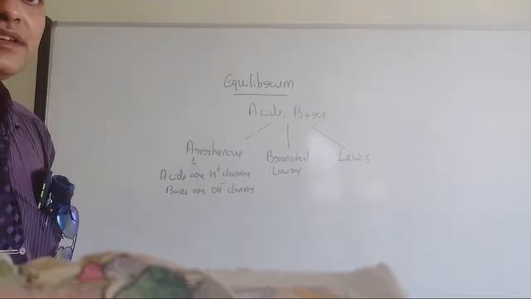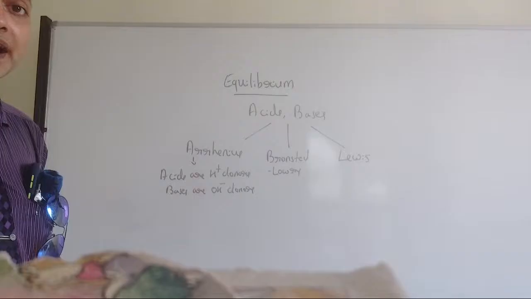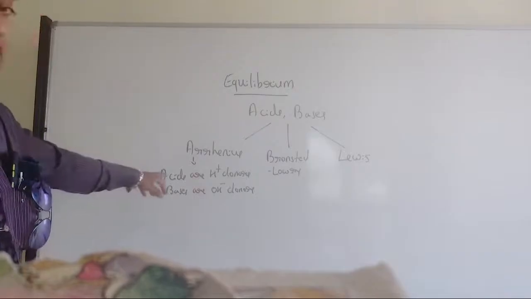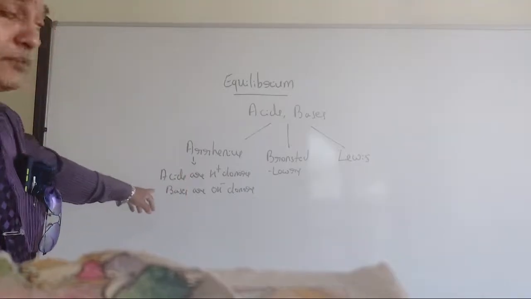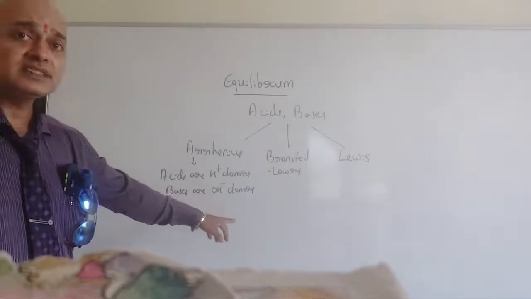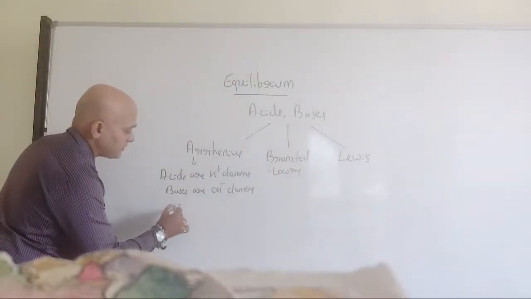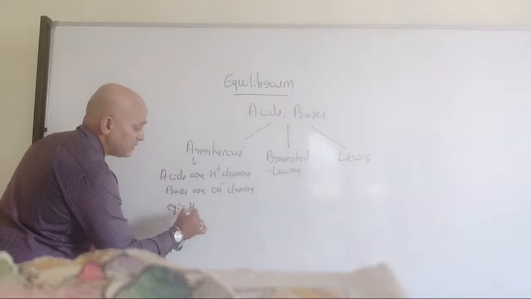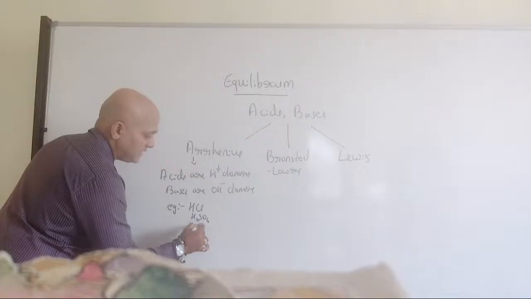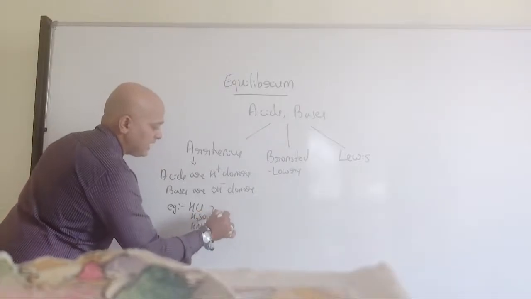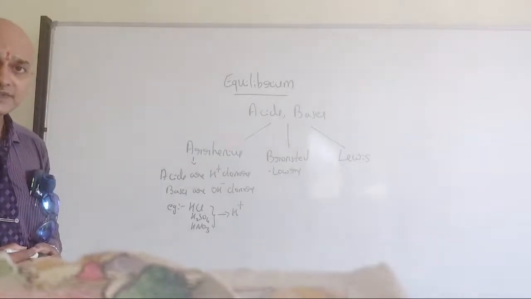Right? So that's where we have the Arrhenius theory, which talks about acids and bases. If I want to take examples, HCl, sulfuric acid, nitric acid, all of them are going to give H plus, therefore they are acids.